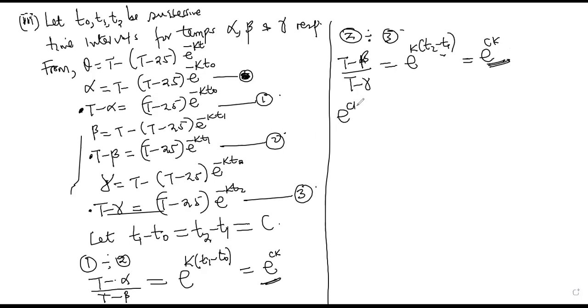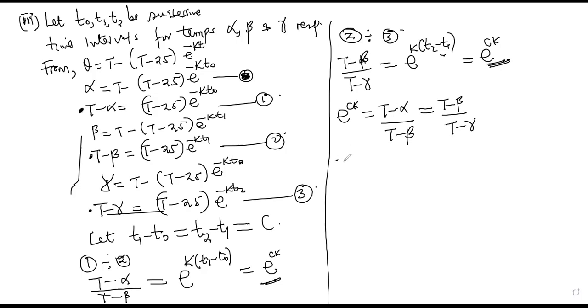e^(ck), which is equal to (t − α)/(t − β) here, is at the same time equal to (t − β)/(t − γ). But I'm trying to solve for the value of t.